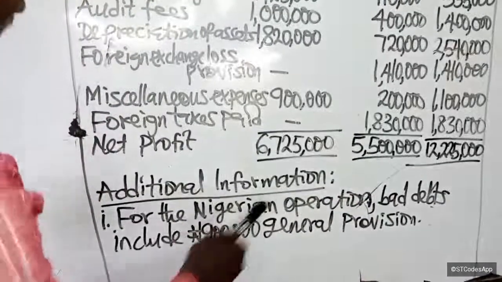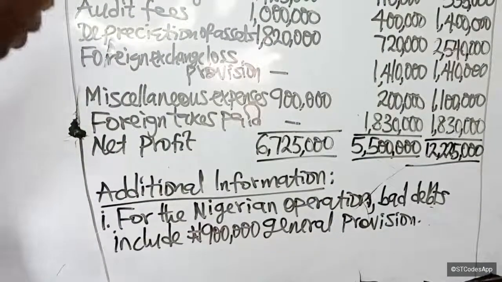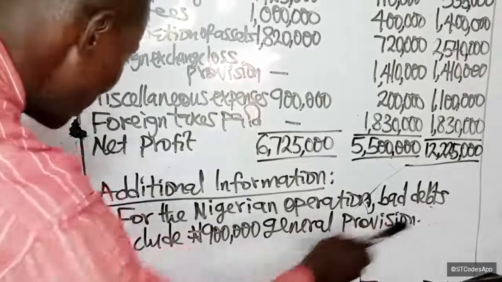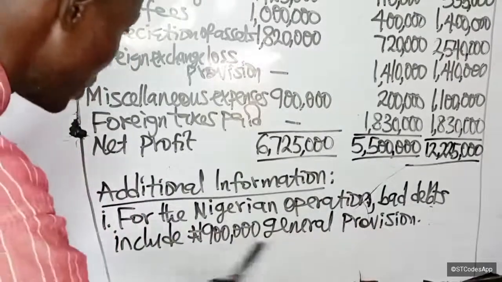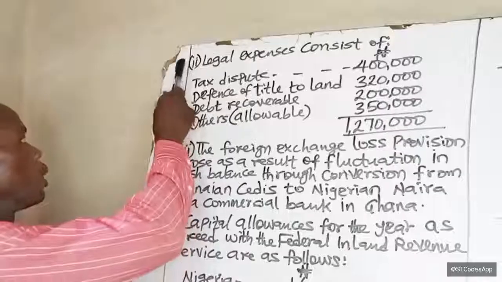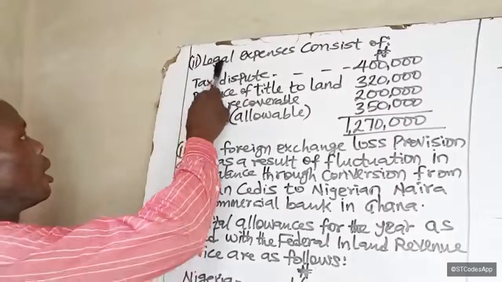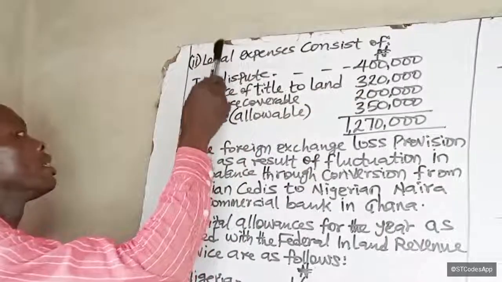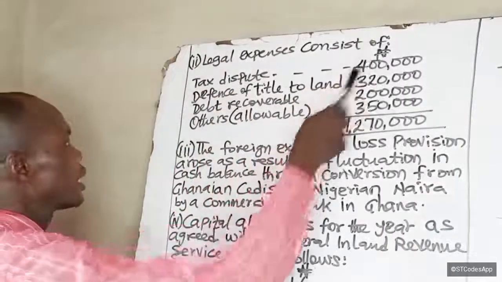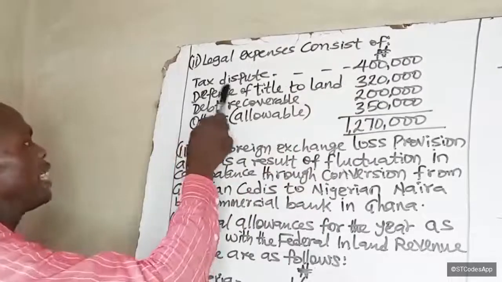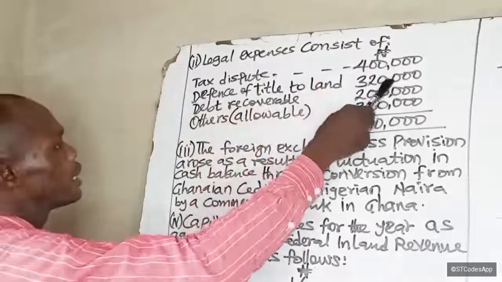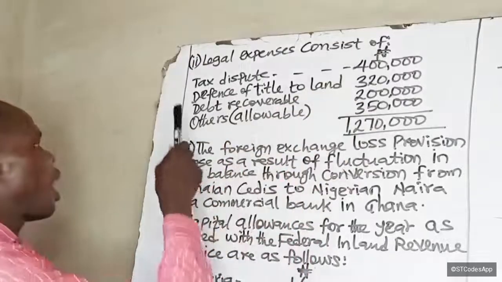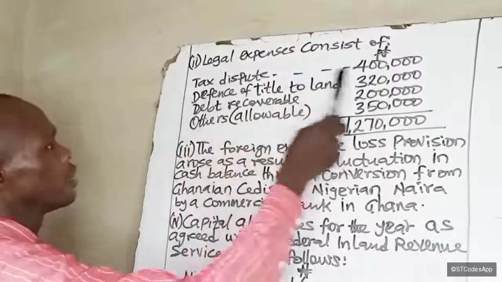Then additional information. Note 1: for the Nigerian operations, bad debts include 900,000 general provision. Note 2: legal expenses consist of tax dispute 400,000 naira, defense of title to land 320,000, debt recoverable 200,000, others allowable 350,000.